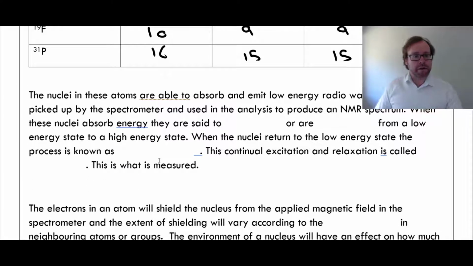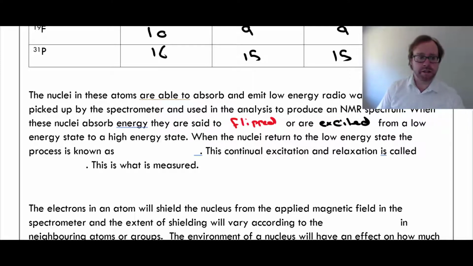The nuclei in these atoms are able to absorb and emit low energy radio waves, which are then picked up by the spectrometer and used in the analysis to produce an NMR spectrum. When these nuclei absorb energy, they are said to flip, or are excited from a low energy state to a high energy state.